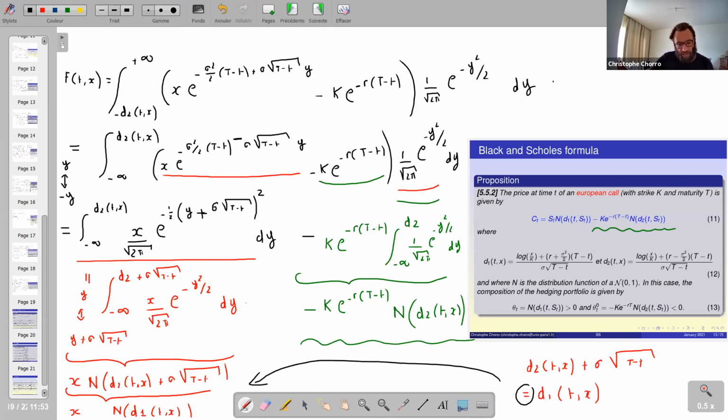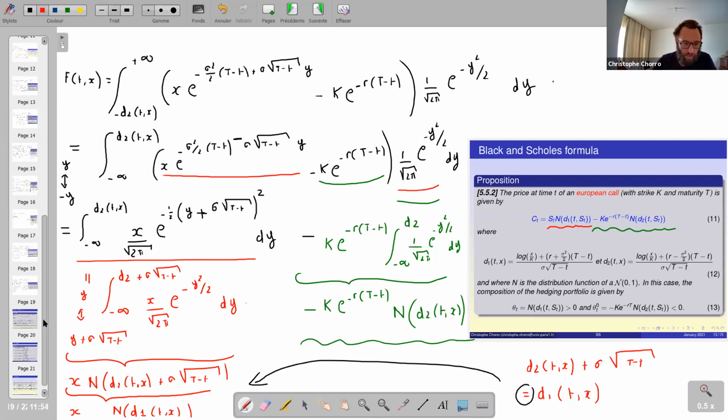And so I have x N(d1(t,x)), and this term here is exactly the one I have obtained here. And you see that it's not that complicated to obtain it. So this is the Black and Scholes formula, that means the price of a call option in the Black and Scholes model.